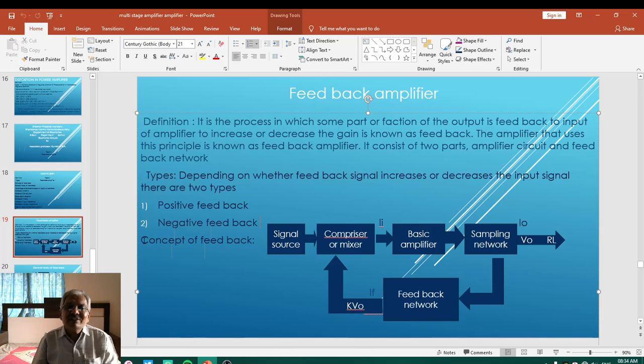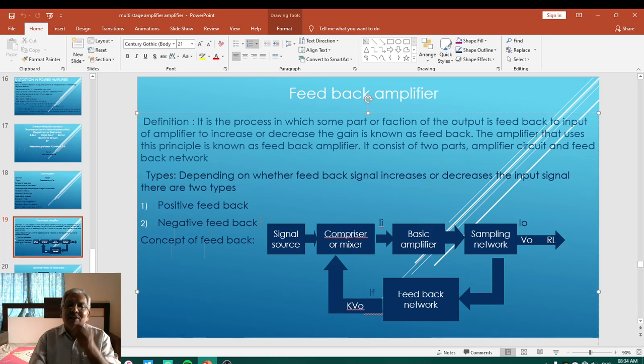So to understand the concept of feedback, we can consider the block diagram represented here. This is the block diagram which is very useful to understand the concept of feedback.